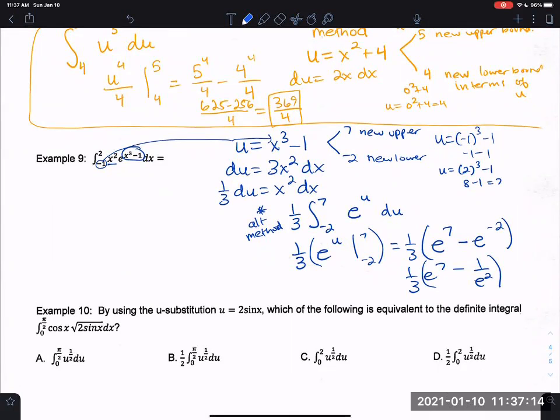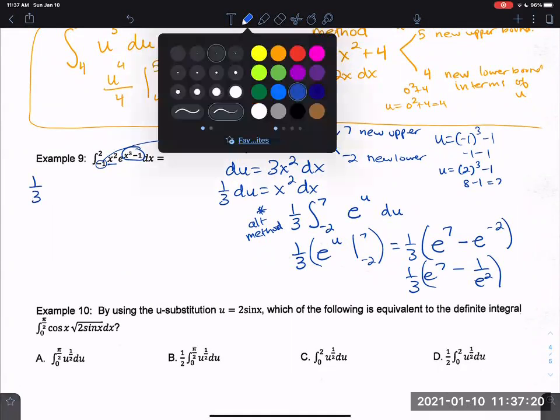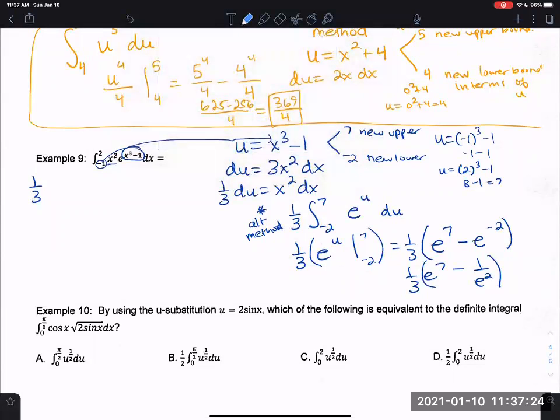Okay. If I were to go back to traditional, maybe I'll change the color up a little bit on that. So the traditional way would keep this as -1 and this is 2. The 1/3 e to the u du is going to be the same.